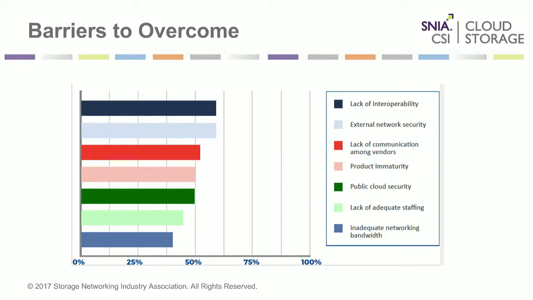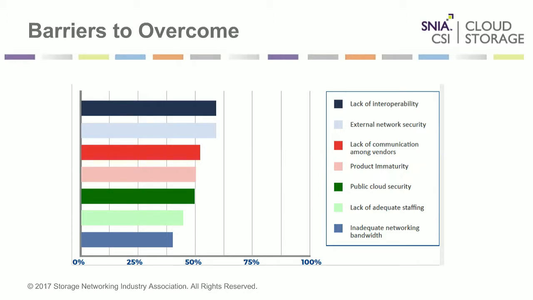This was very common in the beginning with financial services and healthcare, and it's still an issue in healthcare. But I really wanted to test that out. I wanted to see how big a barrier public cloud security really was.